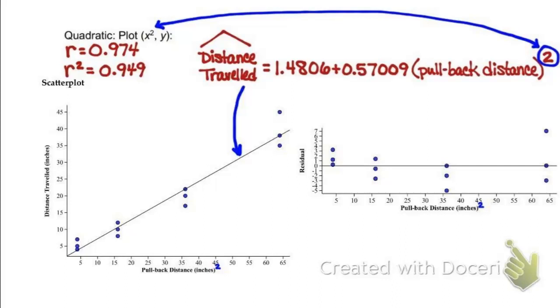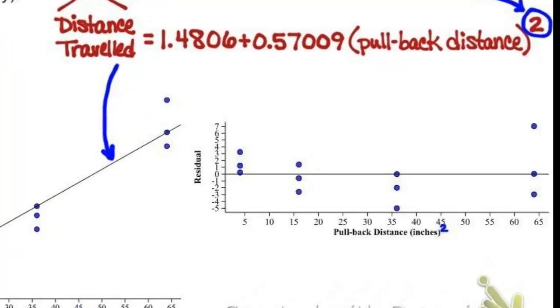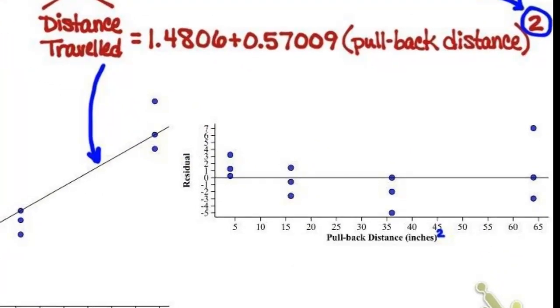What do you think about our residual plot here? Do we have a leftover pattern in our residual plot here? I still see this kind of curved shape to the residual plot.